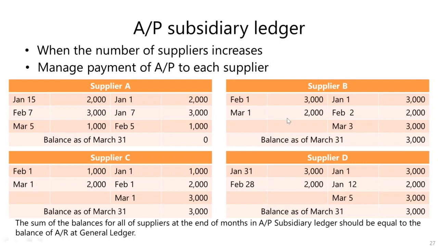So the total of each account should be recorded in the general ledger of accounts payable. This is accounts payable, not accounts receivable. Sorry.